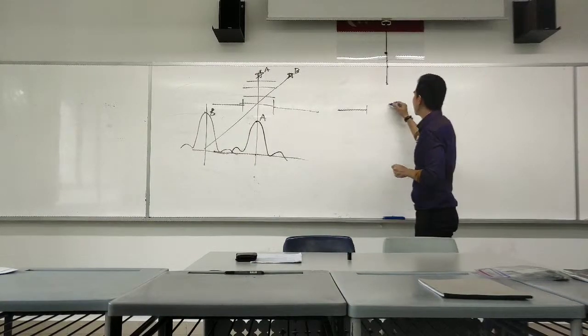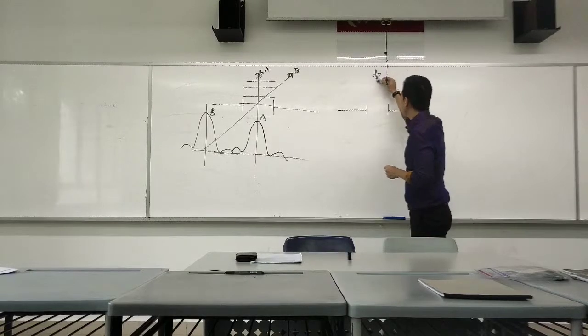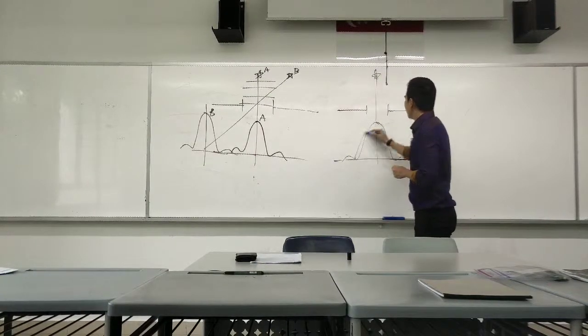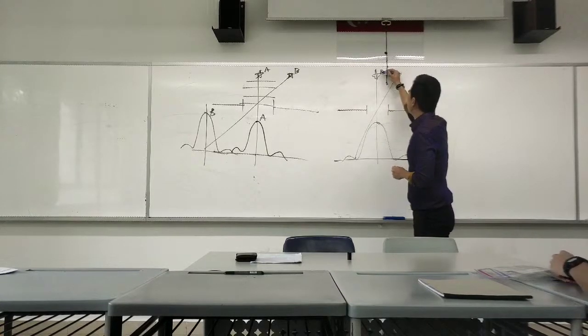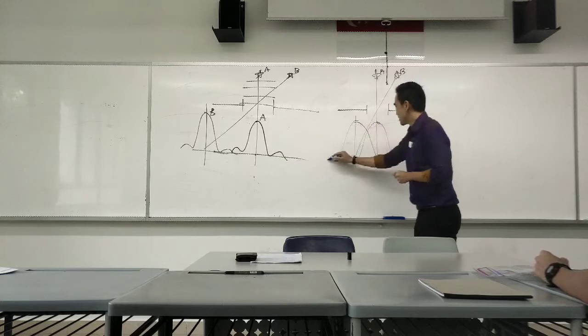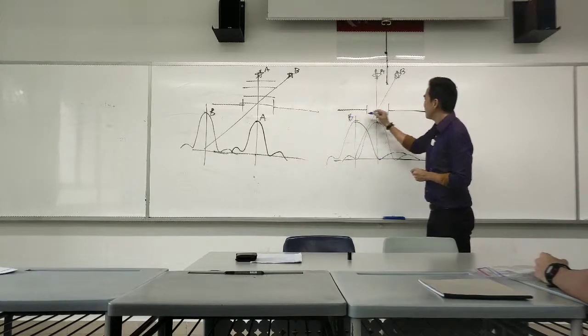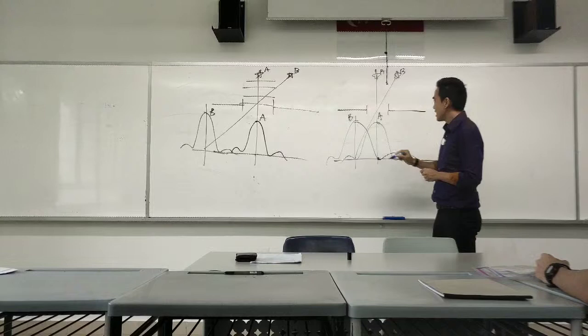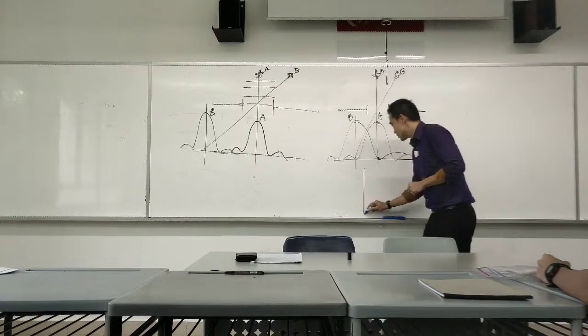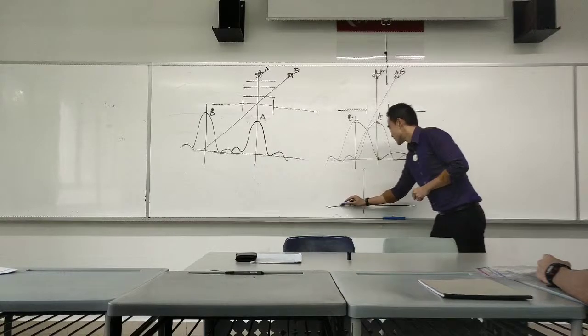So if you've got two stars getting rather close, to the point where A and B are separated so that the first minima of B is right overlapping with the maxima of A, then the resultant intensity is going to look like this.